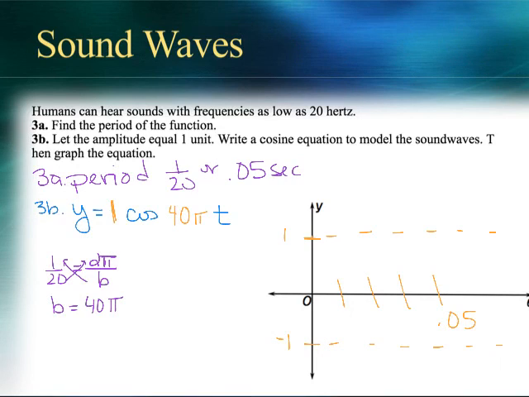I think of a cup. So I start out at my max, at a quarter of the way I'm at my midline. Then halfway, I'm at my minimum. Then I go back to my midline and I go back up to my max, and that would complete my cosine model for my sound wave.